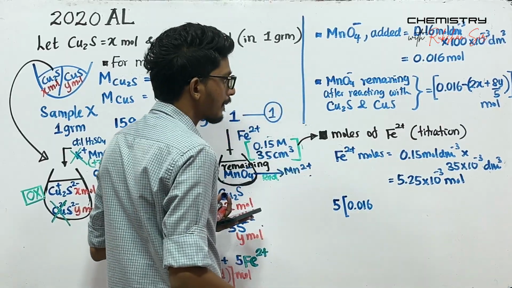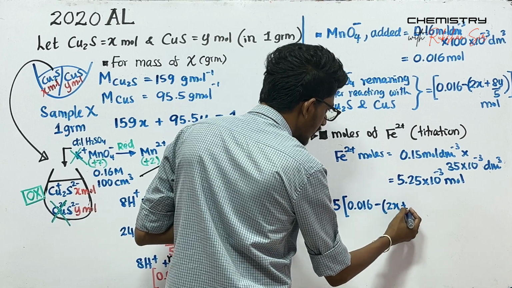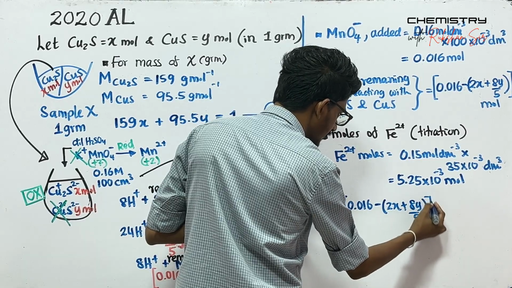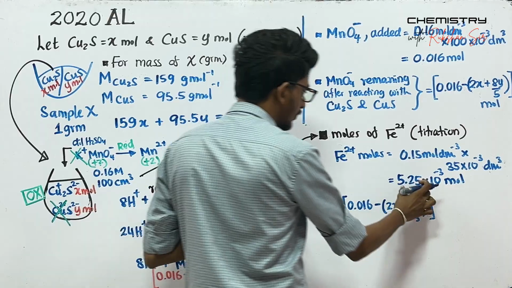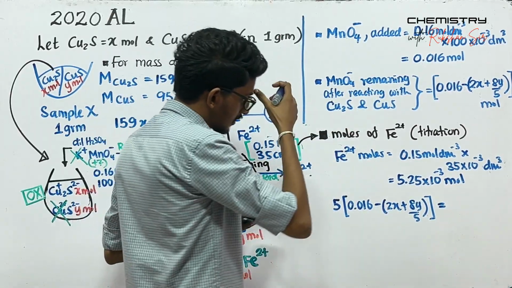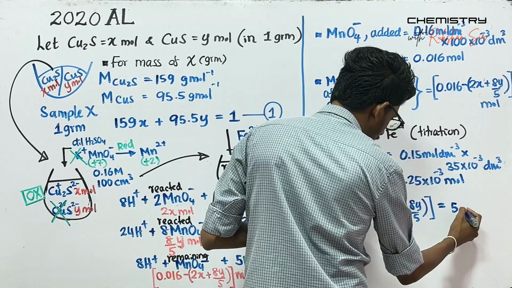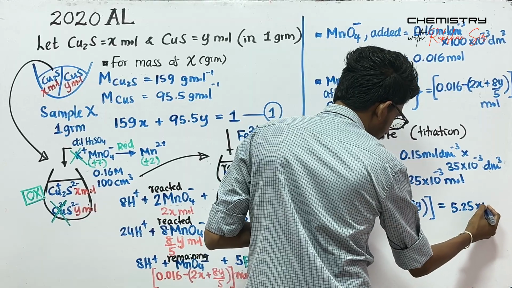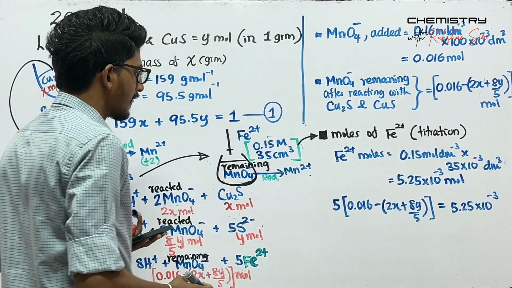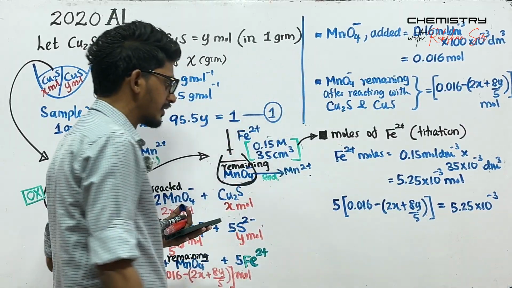0.016 minus 2x plus 8 by 5, that is equal to this value, right? So this value is 5.25 into 10 to the power minus 3, right? Let's solve for this one and come up with our second simultaneous equation, right?